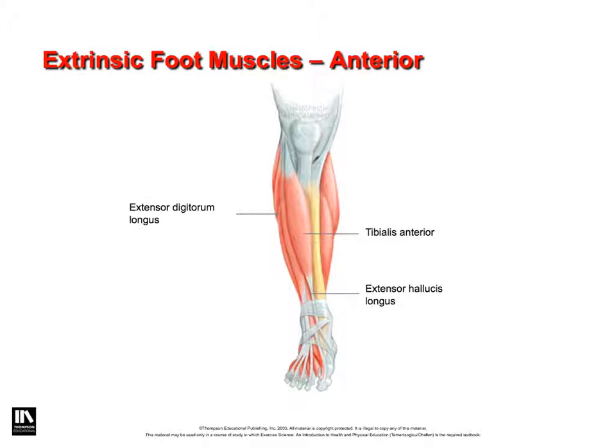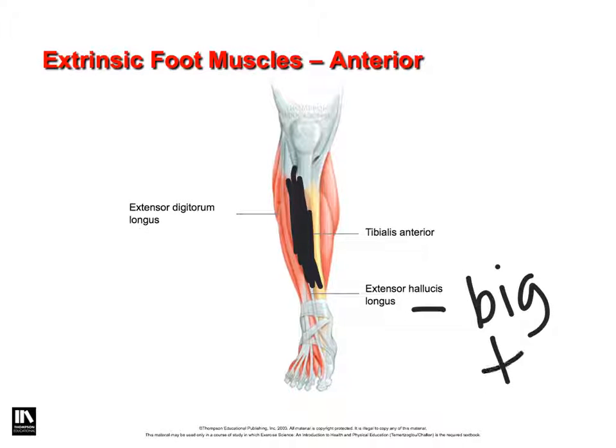Muscles of the foot, tibialis anterior on the tibia to the front. Goes right down the middle there. That's the main one. Don't worry about extensor digitorum longus, it just extends the digits or the toes. Extensor hallucis longus extends the big toe. So hallucis is your big toe.